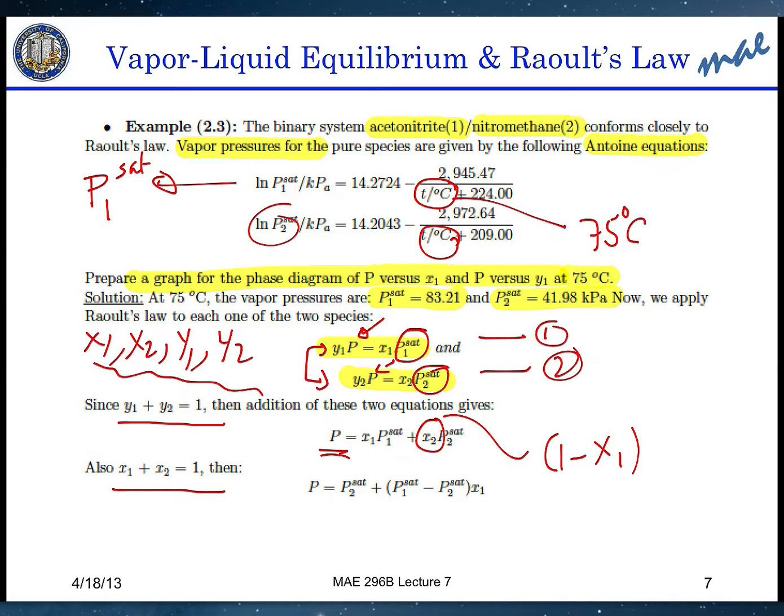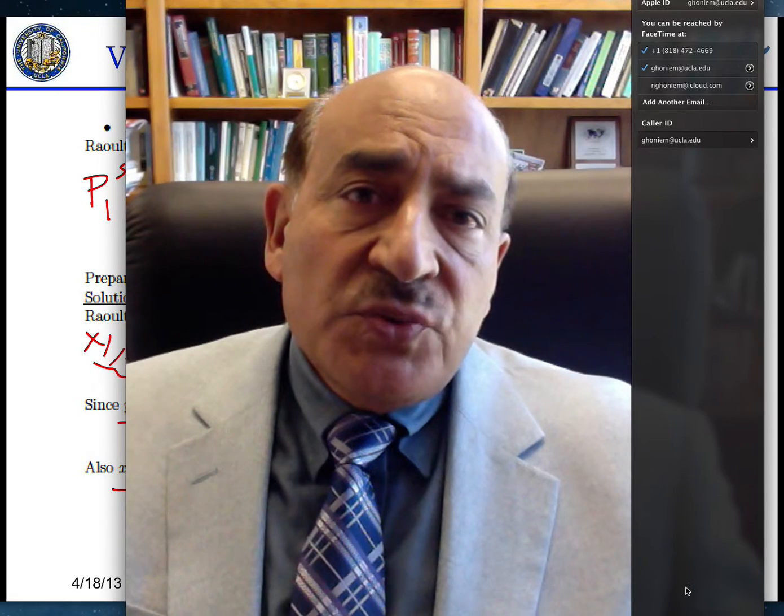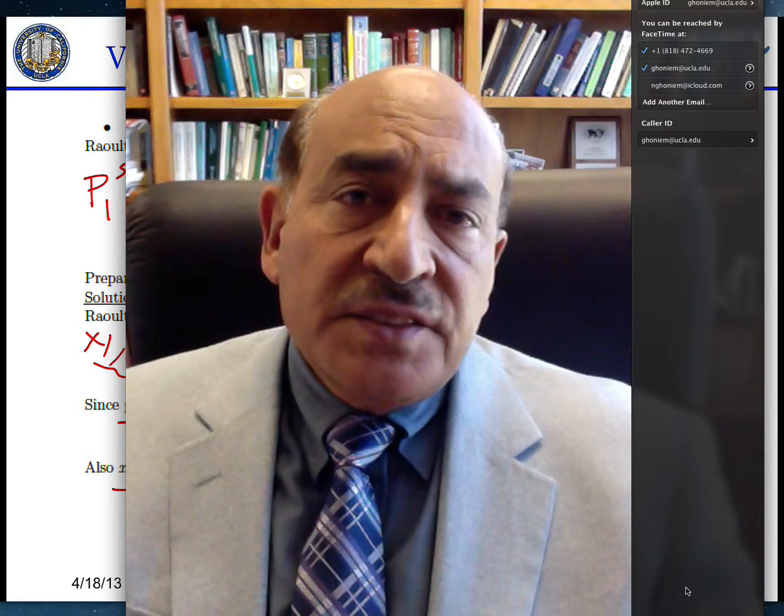Then you get a final equation, given here: P is equal to P2 sat plus (P1 sat minus P2 sat) times x1. This is an equation for the relationship between the pressure and the concentration x1. Any pressure you choose, you plug it in, and you will find the concentration x1.